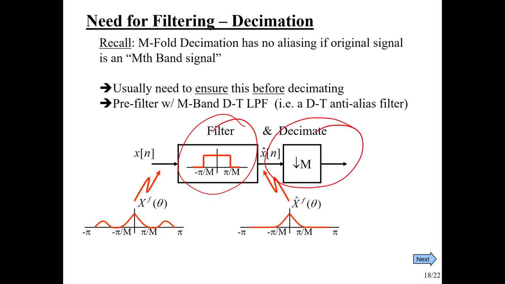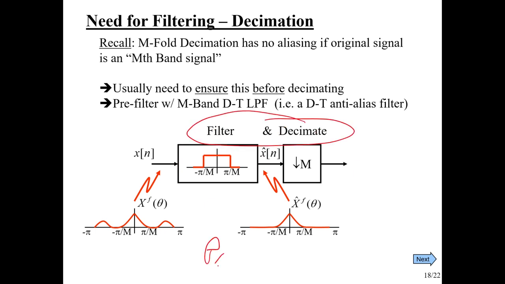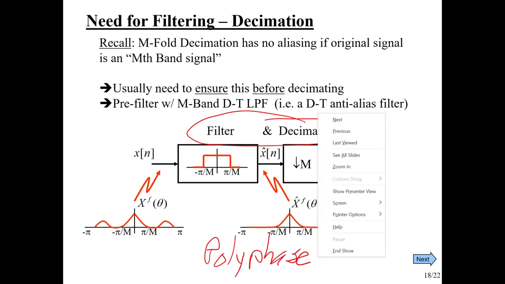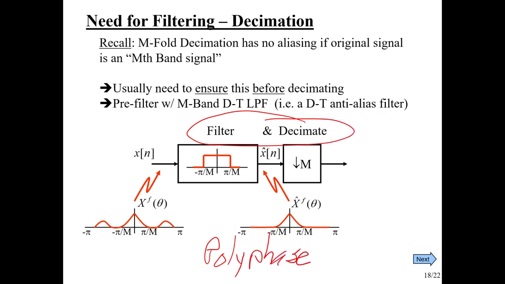Now, I don't go into the details of this in this course, but if you were studying a full-blown multi-rate signal processing section of a DSP course, or even better, a whole course on multi-rate signal processing, you'd learn that there is an efficient way to do this filtering and decimation, and that's called polyphase filters. Sounds fancy, sounds like some sort of special filter, but it's not.